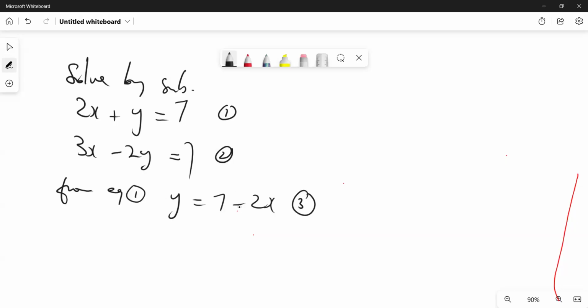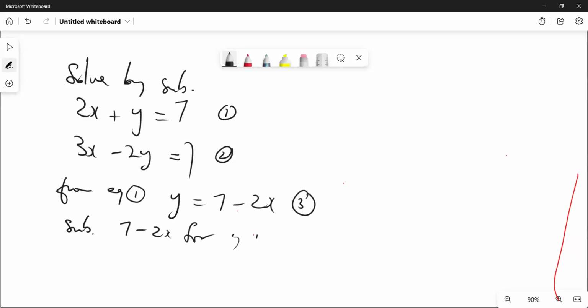So now that we got y, we can put that y in the place of this y here in equation 2. So substitute, and that's what I call the method of substitution. Substitute 7 minus 2x for y in equation 2, and let's see what we get.